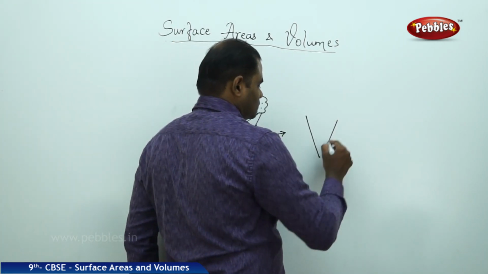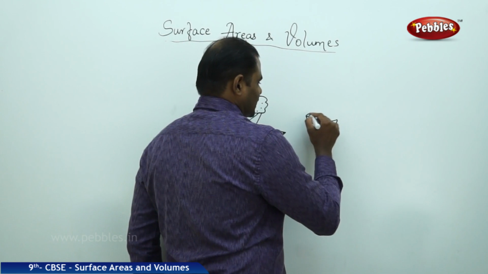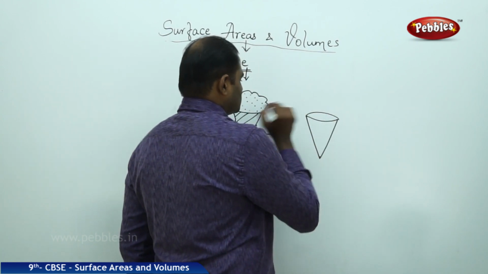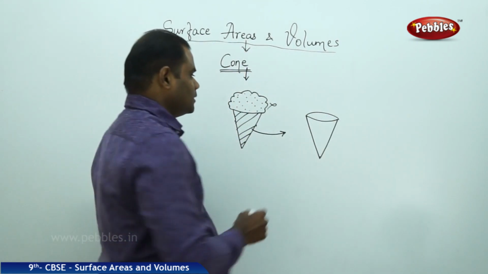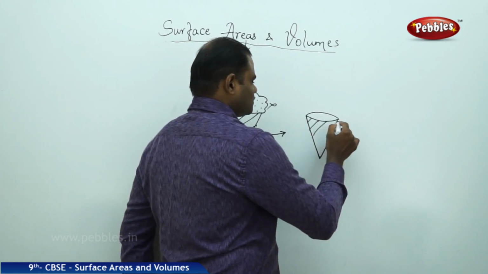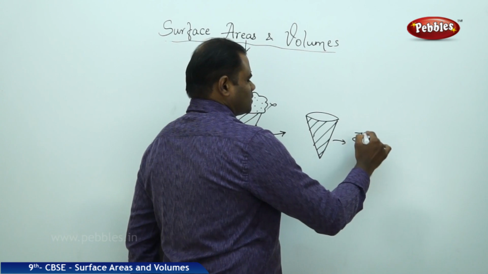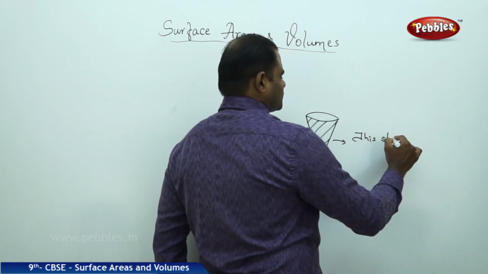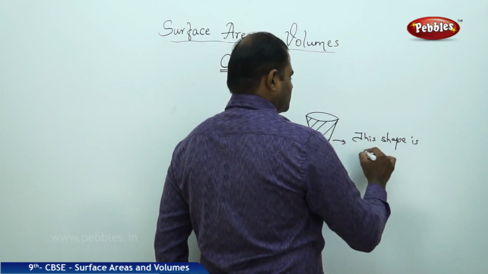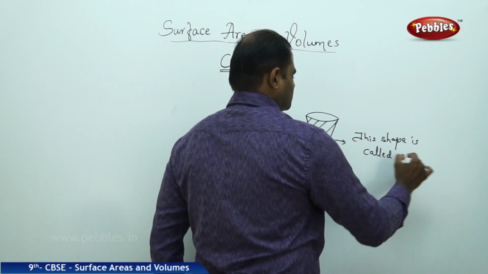A cone without the cream would look like this, and such a shape is called a cone.